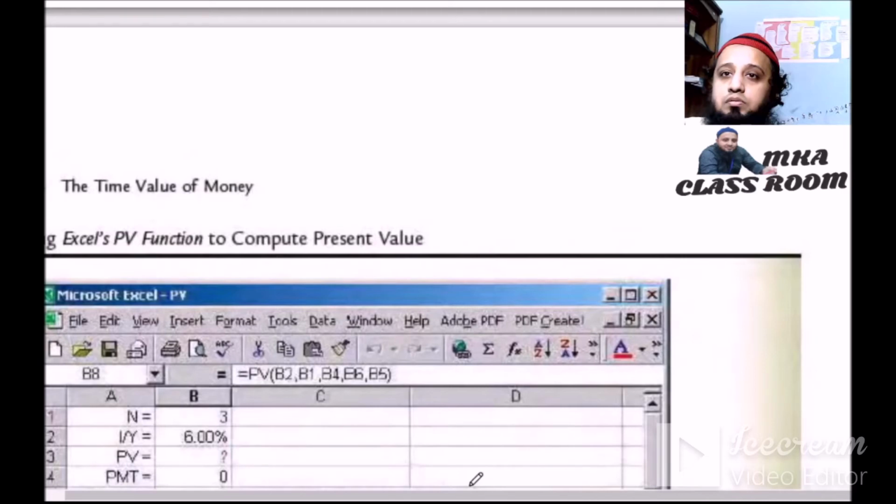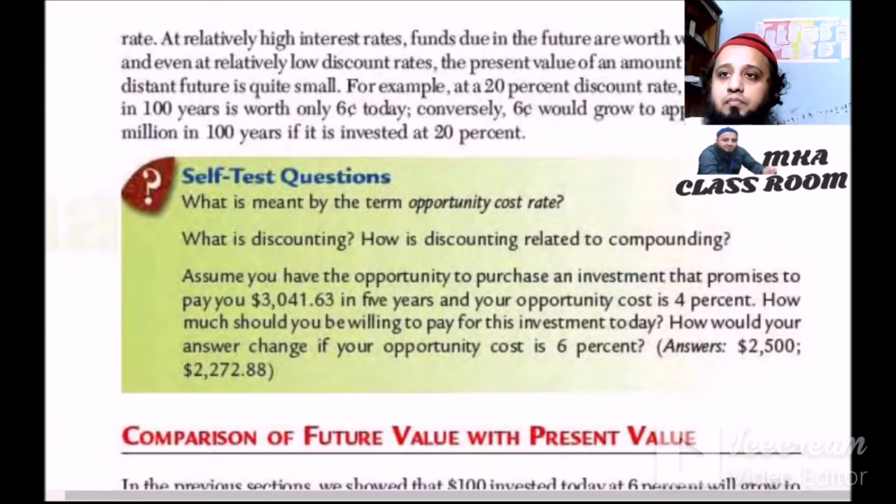Here we will see, assume you have the opportunity to purchase an investment that promised to pay you 3041.63 in 5 years and your opportunity cost is 4%. How much should you be willing to pay for this investment today? How would your answer change if opportunity cost is 6%?